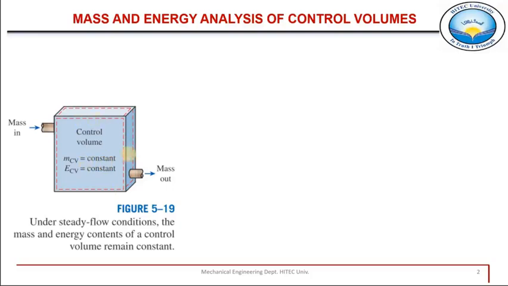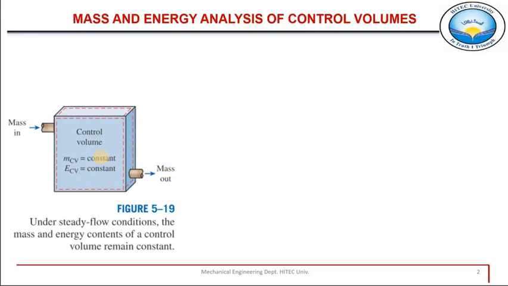For example, this device could be a turbine in which mass is entering, mass is leaving, and we are getting some work output. The same control volume could be a compressor, in which the same mass of fluid enters and leaves, and some work is done onto the control volume.